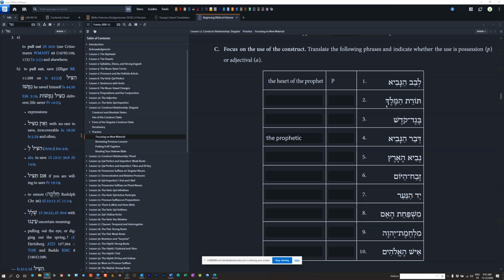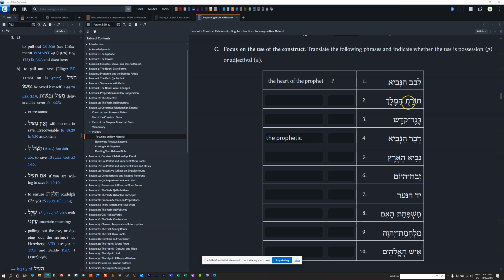You could say the instruction that belongs to the king, but more likely this would be something like what we call, and again, you'll learn about this in intermediate Hebrew when we talk in more detail about the different functions that the construct can have, a subjective genitive, where the absolute is functioning as the actor of the construct.